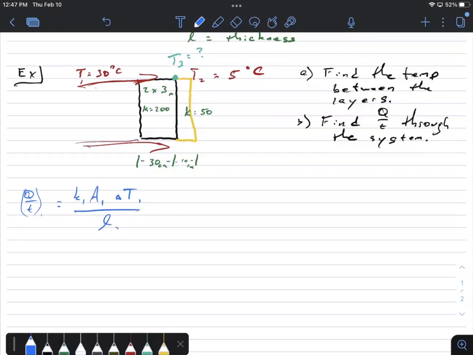I know the area, it's 2 times 3 is 6 square meters. I know the conductivity is 200, I know the thickness. I can plug all my numbers in and get a Q over t for it. Separately, if I look at just the second material, it has a Q over t too: K2, A2, delta T2 over L2.